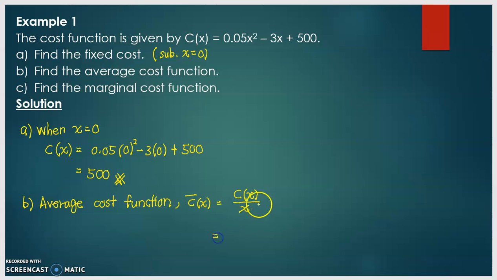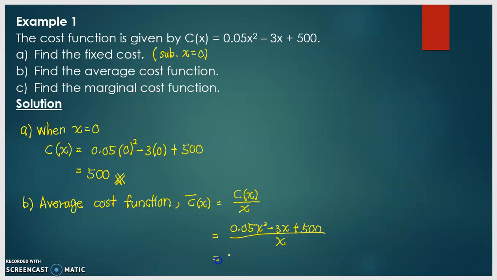Where the cost function is given, which is 0.05x squared minus 3x plus 500, divided by x. Next, we're going to simplify.